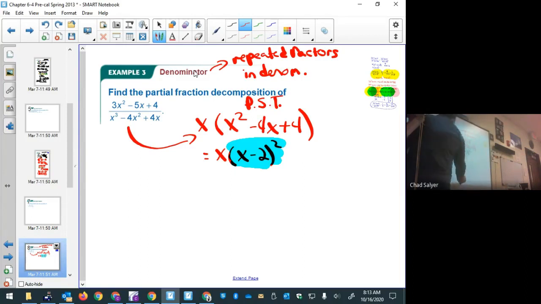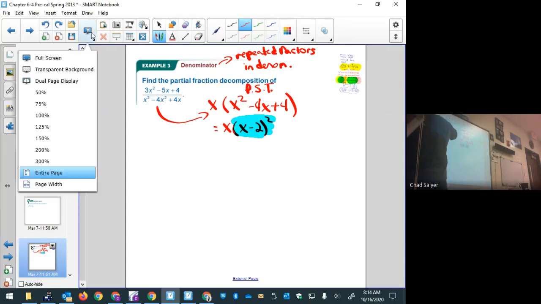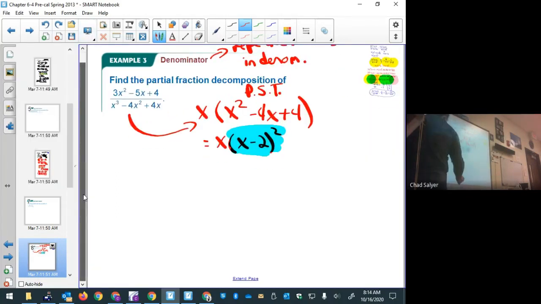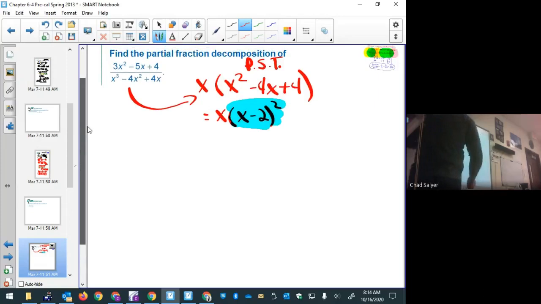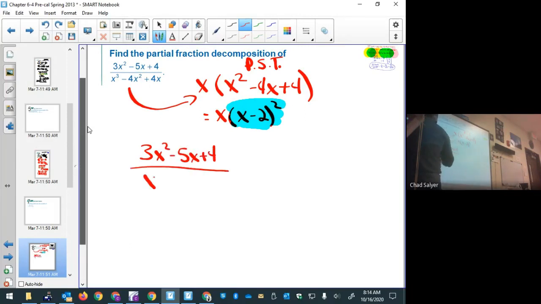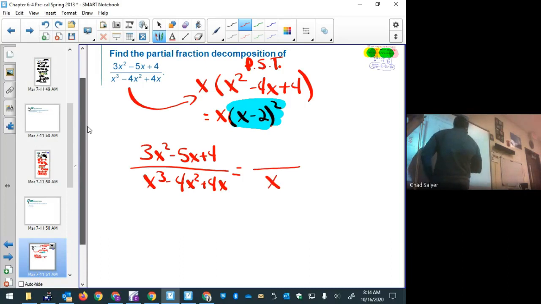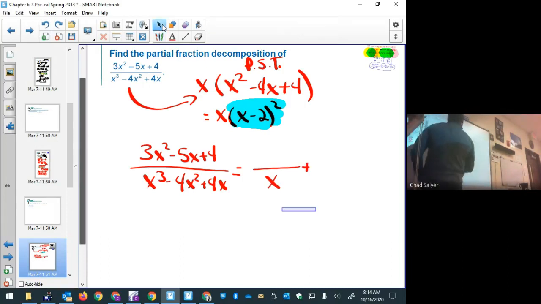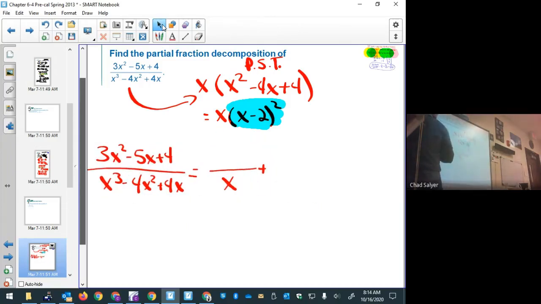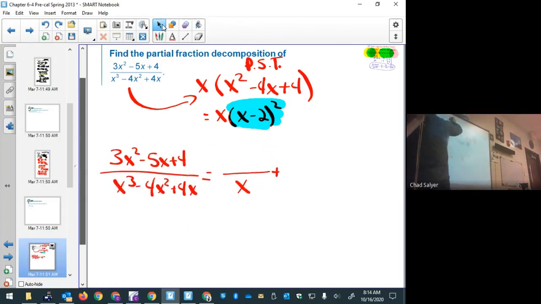So in this case, there's only 2 powers. So I'm going to say x because that's our first factor, not repeated. We don't have to worry about it.